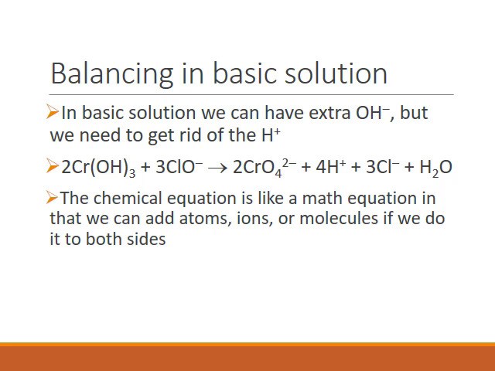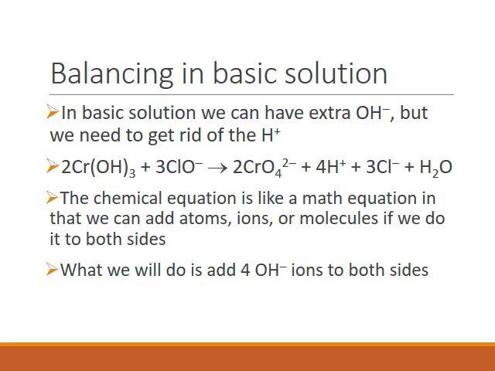We can do whatever we want as long as we do the same thing to both sides. In this case, we want to get rid of that 4 H+. What we're going to do is add 4 OH- to both sides. We can have extra OH-, but we've got to get rid of the H+.